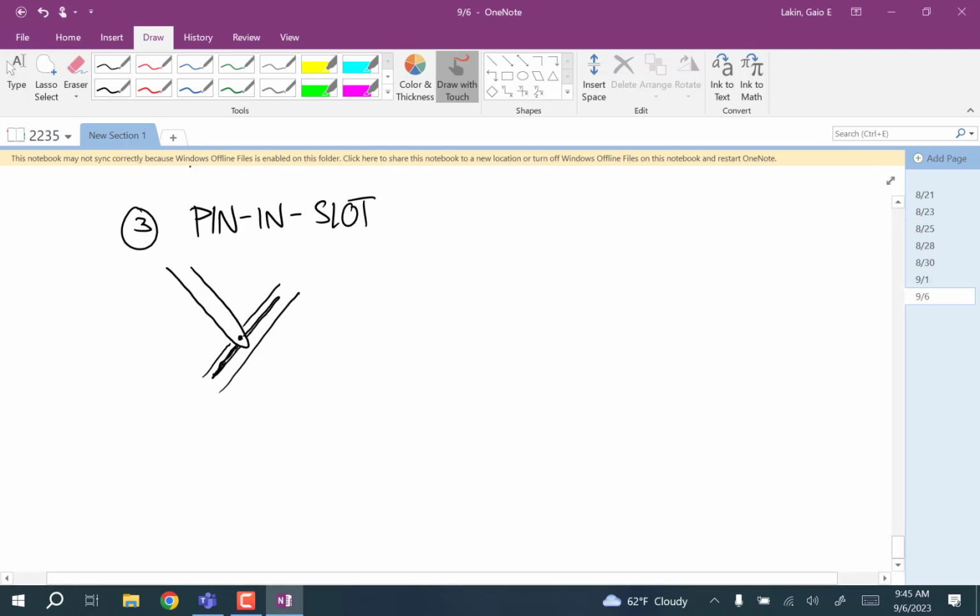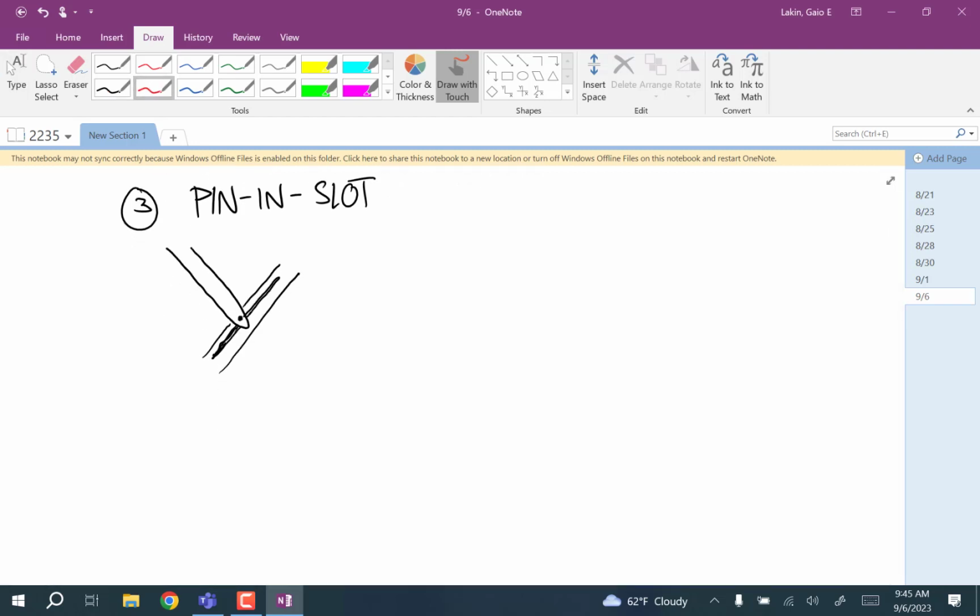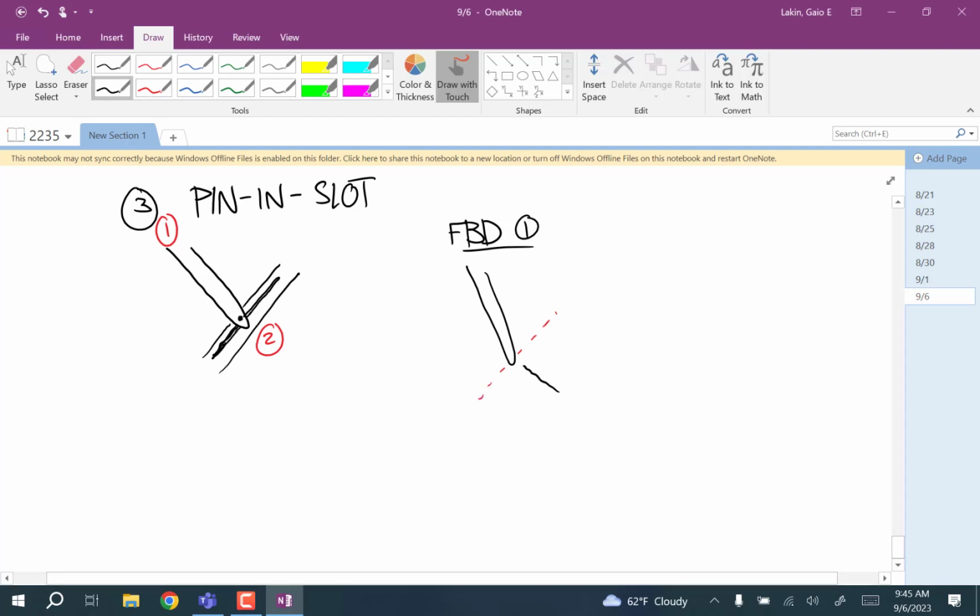Okay, so a pin and slot joint, if this is body 1 and this is body 2, so I'm just drawing that slot in so you can see that this force is perpendicular to that slot.